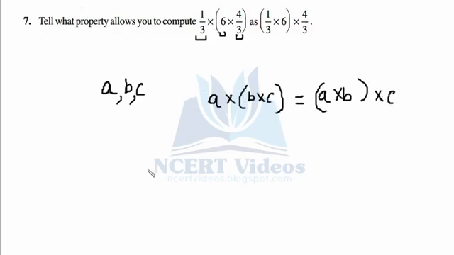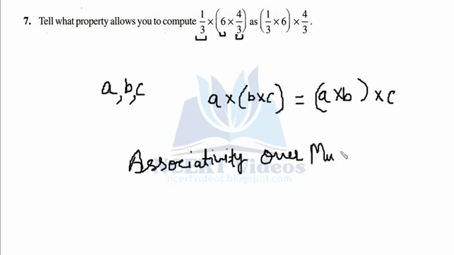So the name of the property is associativity. To generalize it over multiplication, because they are multiplying eventually. That is 7th.